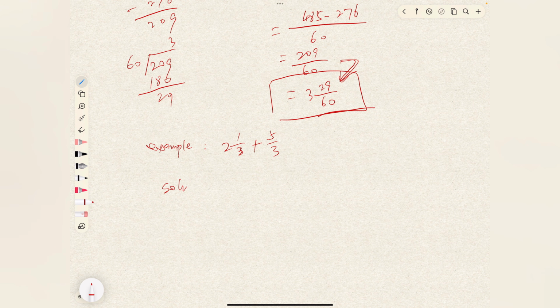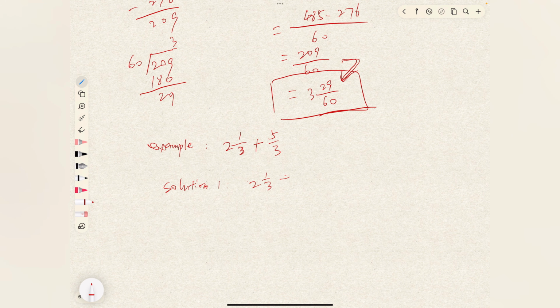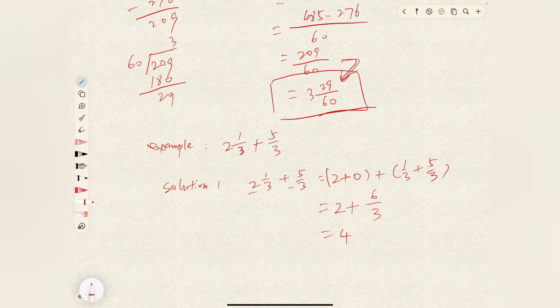So solution 1, without doing any changing, we can use the whole part as a whole part, which is 2 plus 0, and the fraction part as a fraction part. So that's 2 plus, that will give us 6/3, which is 4.